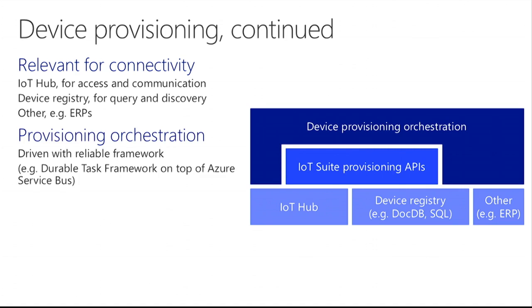On top of all of those systems, the provisioning process is driven by provisioning orchestration, which can use an Azure IoT Suite extensible set of provisioning APIs, which help with the coordination between IoT Hub and your device registry. But in the end, it is very much a custom process of your own application.